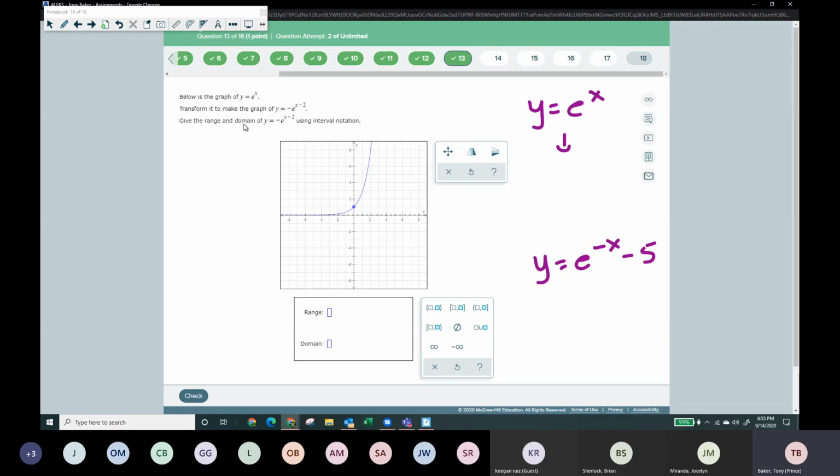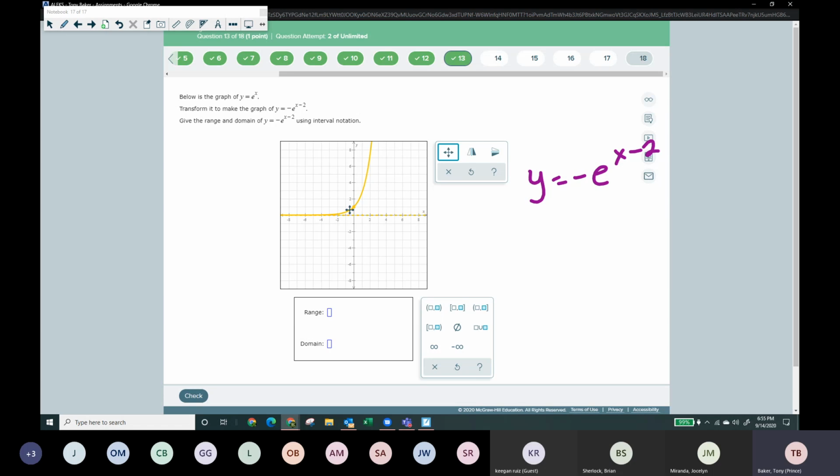All right. So now this one, we've got y equals -e^x minus 2. So my transformation in my x is subtracting 2. So remember, we're doing the opposite of that.